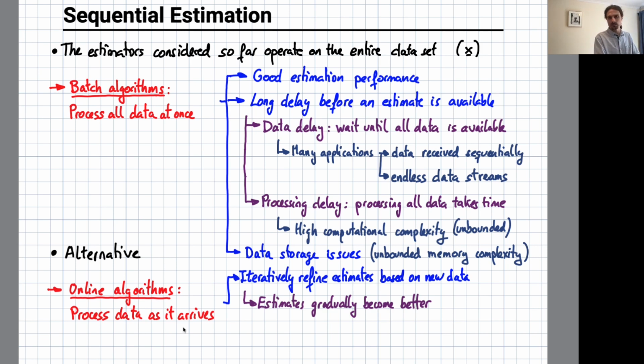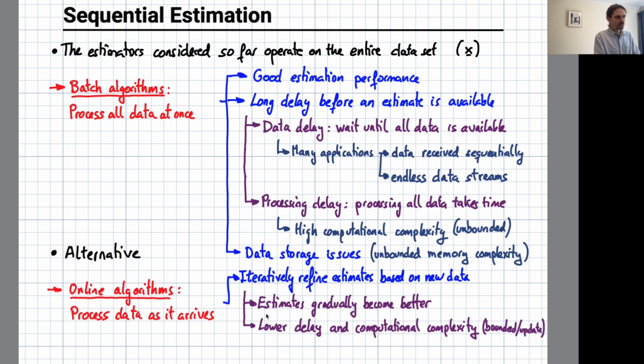And as more data is available, we refine those estimates. So in the beginning, the estimates will be of poor quality in terms of estimation performance, measured, for instance, using MSE. But at least we have some estimates, and those estimates will become better and better as we collect more and more data.